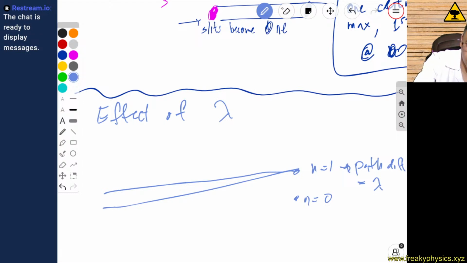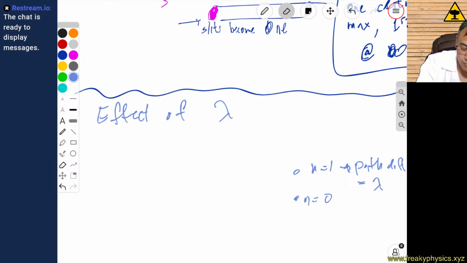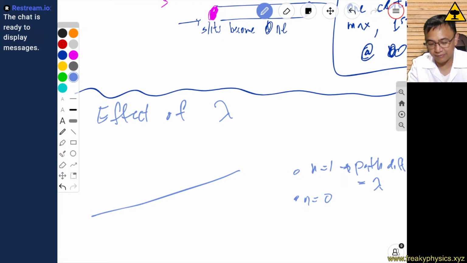So I'm going to redraw these to make it a bit easier for you to see what's actually happening. If the first line goes like this, this is going to be the second line, the top line. Oops, my tablet just fell. So this is the line from the second one.